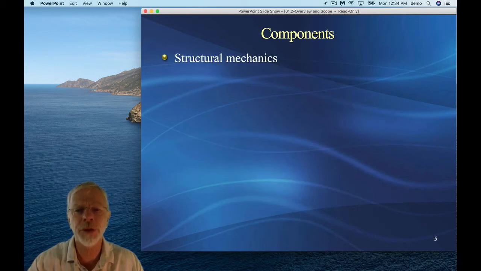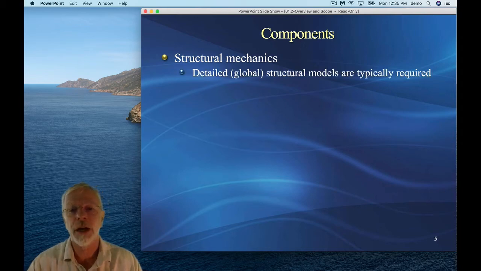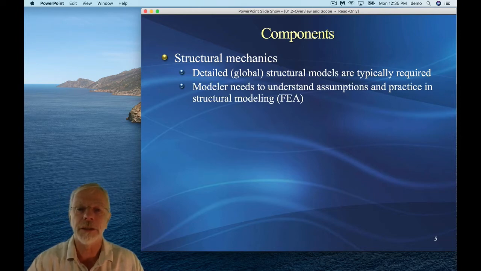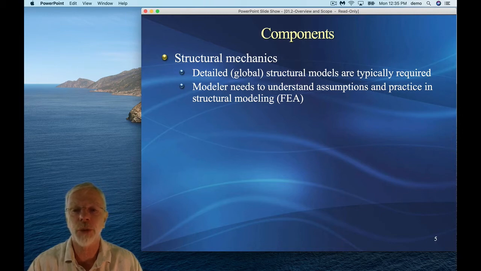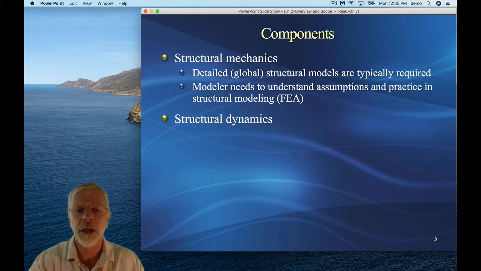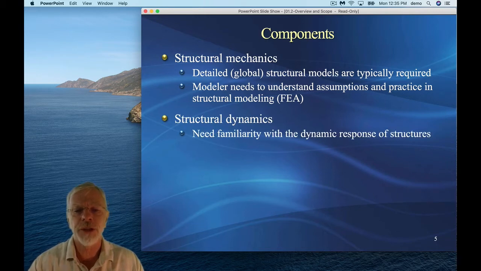Now the components, as I mentioned, involve structural mechanics. Typically, it's going to involve a detailed global structural model. The modeler is going to need to understand the assumptions and practice in the finite element structural modeling. Finite elements is almost always used for practical structures. Some background in structural dynamics is needed.